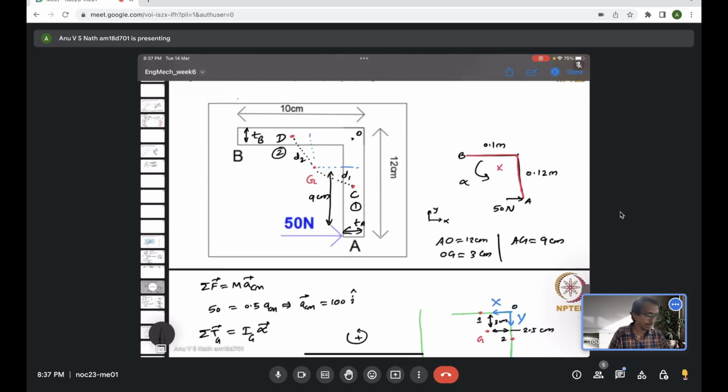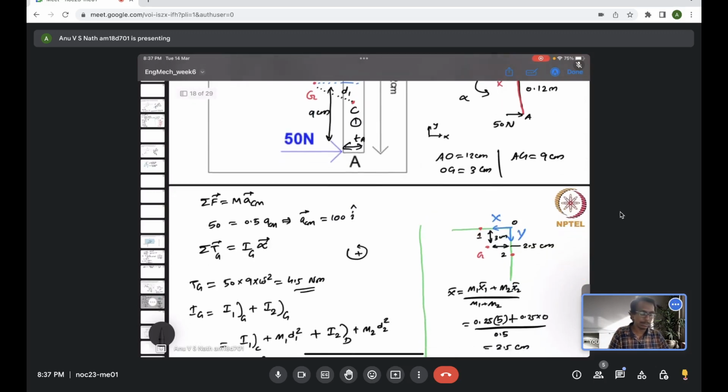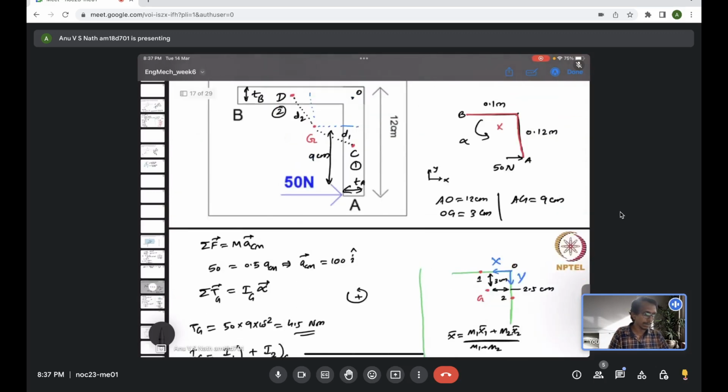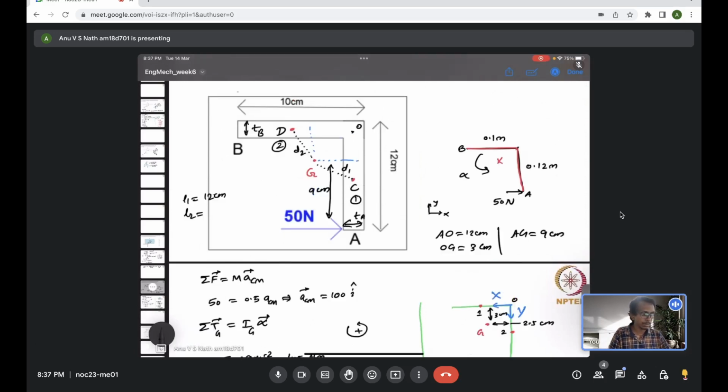L1 is already known. L1 is 12 centimeter, the length of the first rod. And L2 is also given, which is the length of the second rod, which is 10 centimeter.